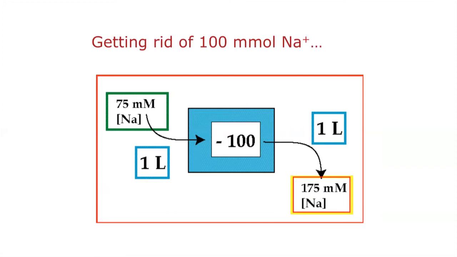And we gave the patient Lasix in order to force sodium out of the patient. And as you can see, the urine sodium concentration rose from 35 millimoles to 175 millimoles with Lasix. And therefore, for every liter of half normal saline administered, the patient went into a negative balance of 100 millimoles of sodium.